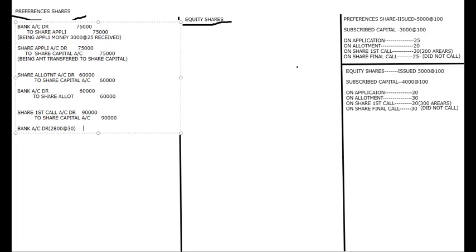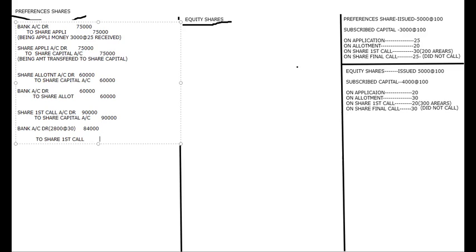So here on the debit side, I'm going to write 84,000. Then here I have to write: to share first call. Here I have written on the debit side 90,000.